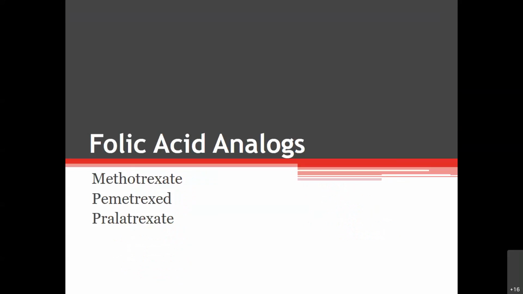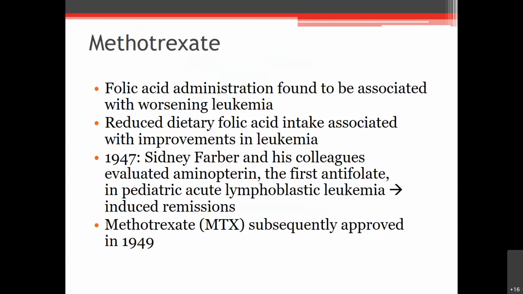So we'll start off with our folic acid analogs, and we're going to discuss methotrexate first, which we'll probably spend the most time on today. So this drug has a very interesting history, which actually dates back to the 1940s. It was observed that many patients with acute leukemia had a serum folate deficiency.